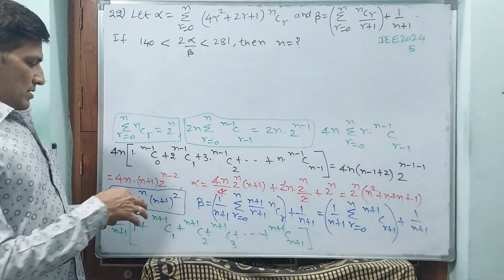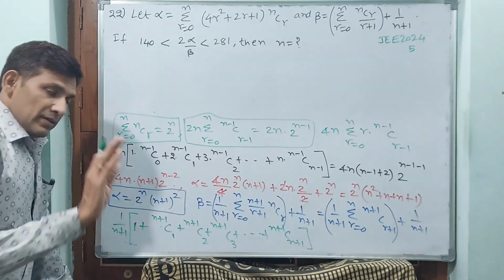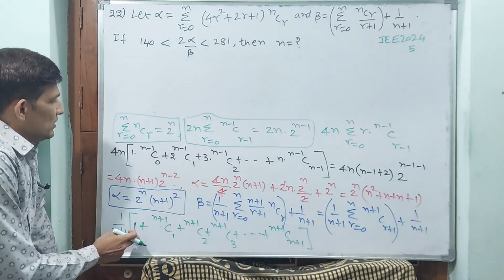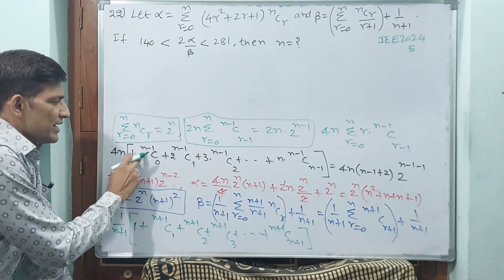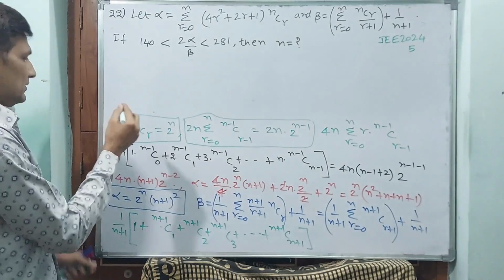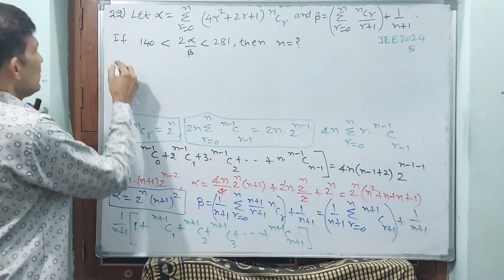Okay, now see. Now you see here, this I can write n plus 1 c 0. If at all n plus 1 c 0, here n is replaced by n minus 1, then what is this? Beta. Here itself I can write. Okay, let me write.